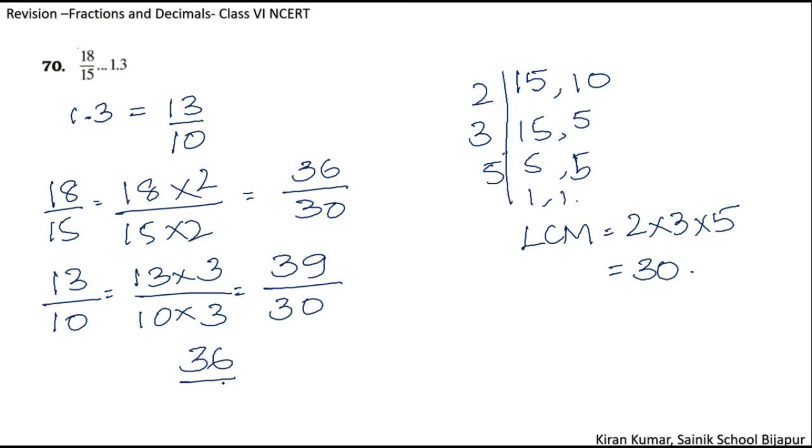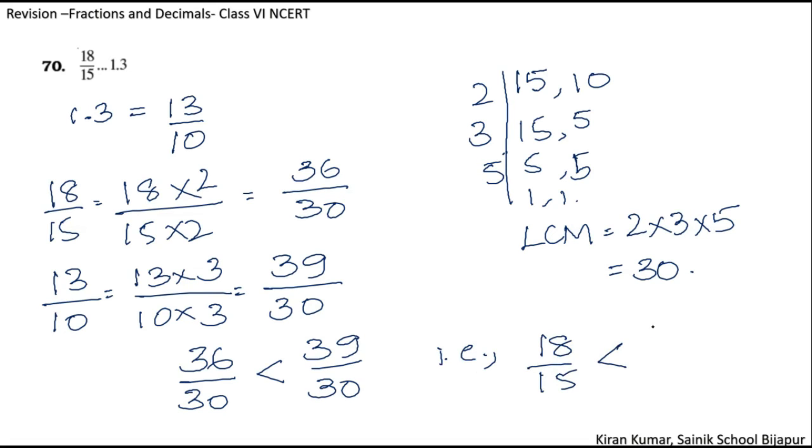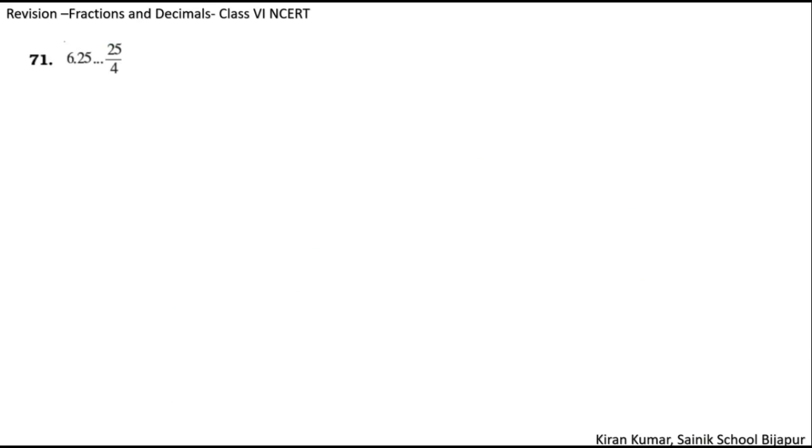Compare 36 by 30 is smaller than 39 by 30. That is, 18 by 15 is smaller than 13 by 10 or 1.3. So the symbol which must be used is less than. Next is a similar question.